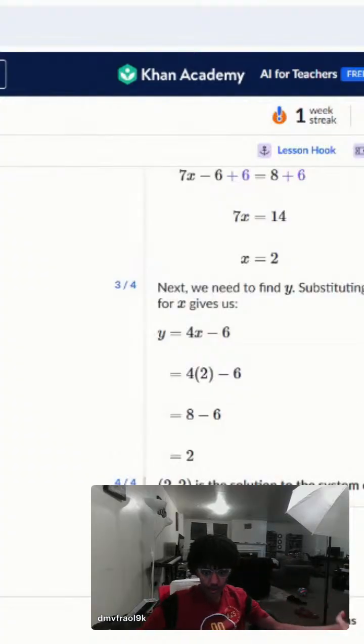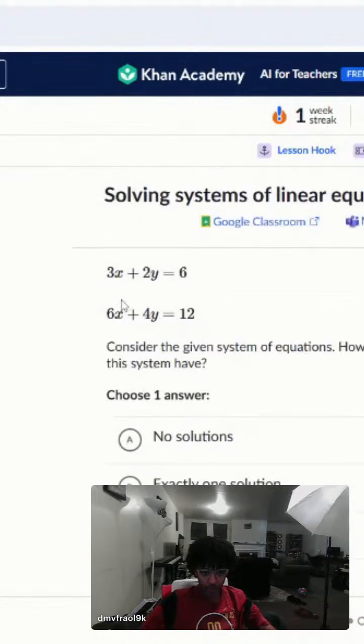Oh man, I'm gonna do that. Okay. So 6 plus 2. 3 plus 6 is 8.